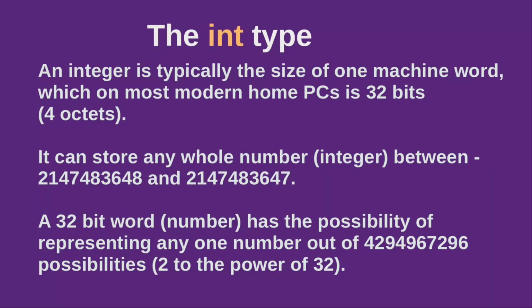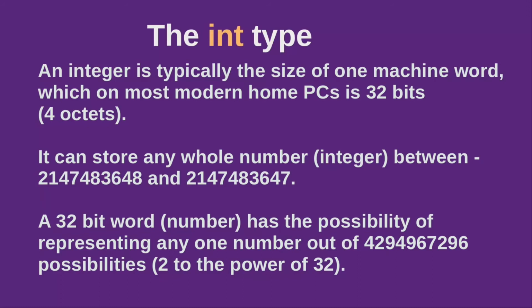An integer is typically the size of one machine word, which on most modern home PCs is 32-bit, that is 4 octets. Examples of literals are whole numbers, integers such as 5, 6, 7, 10, 11, and so on.